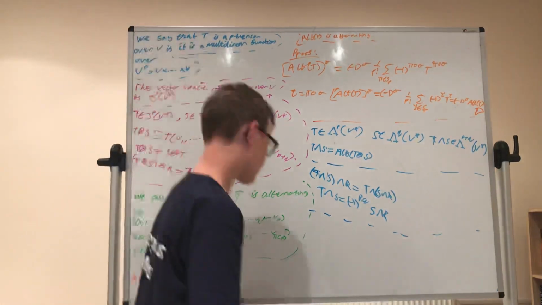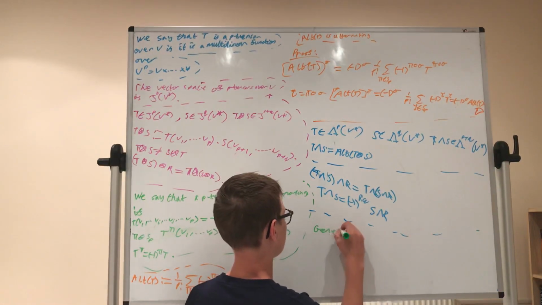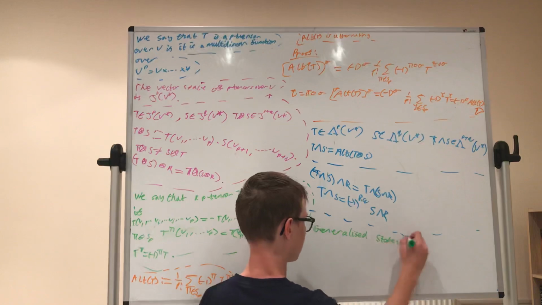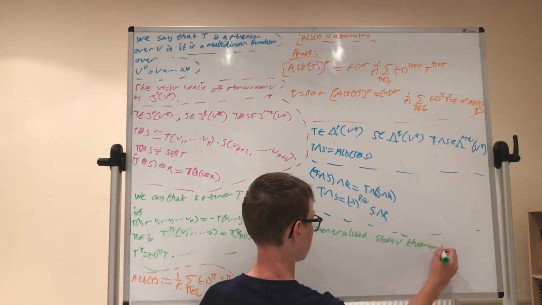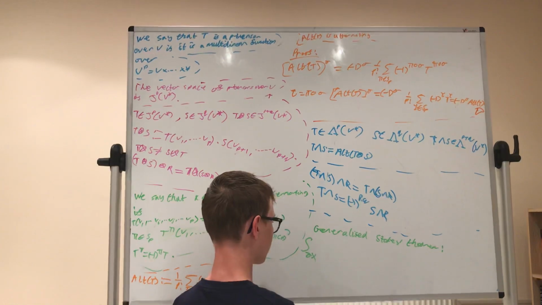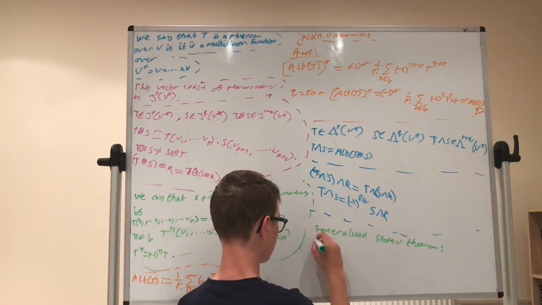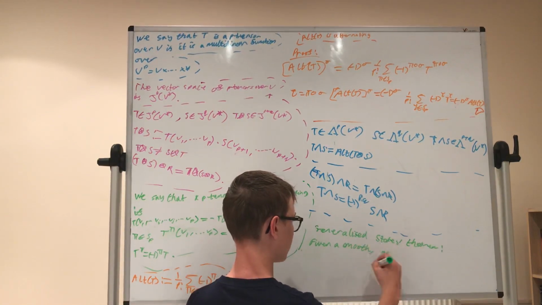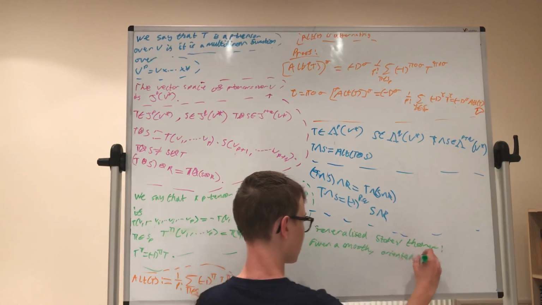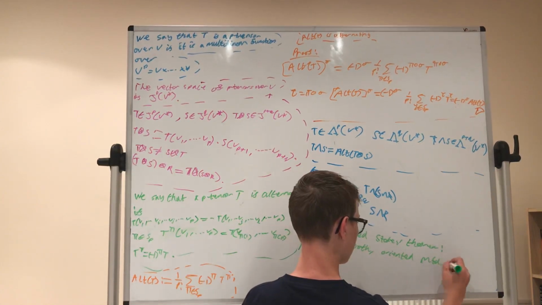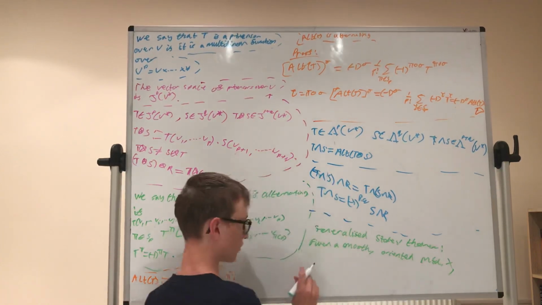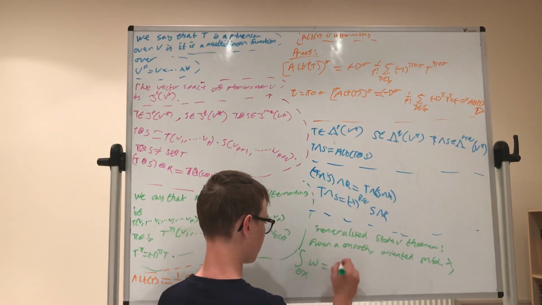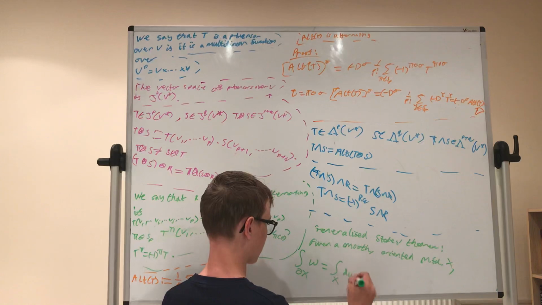But what the generalized Stokes' theorem says is that for a given smooth oriented manifold X and a p minus 1 form omega, we have the integral over the boundary of X of omega is equal to the integral over X of d omega.